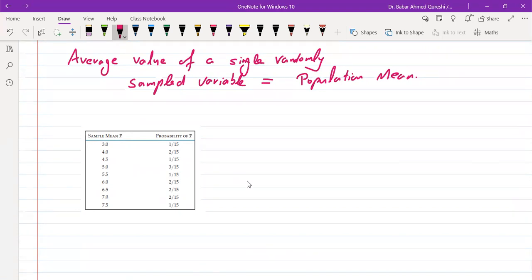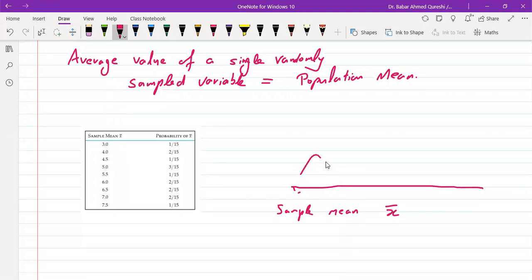So in any case, since sample mean is a random variable, sample mean, which I will denote by x bar, is a random variable, so it will have a probability distribution.